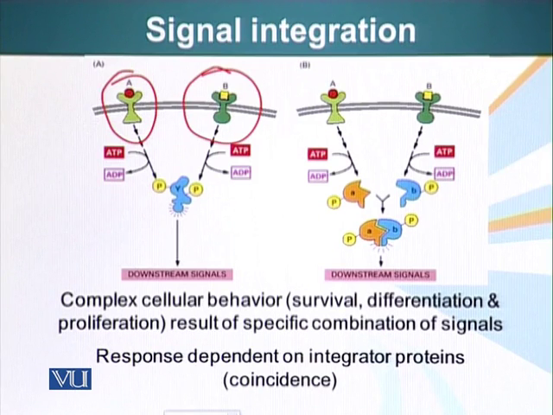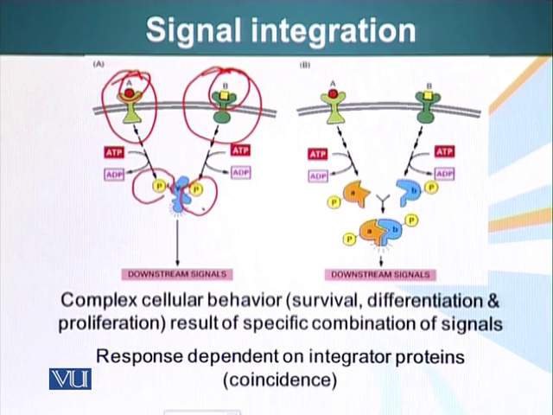Receptor A activates proteins that add a phosphate group at a particular site of a protein that tells cells to divide. The signal from another receptor B also phosphorylates the same protein Y, but at a different site. Unless this protein Y has two phosphate groups attached at specific locations, which are here and here, this protein will not be functional. If this protein is not fully functional, cells will not be able to divide or produce the response to these two cytokines or signaling molecules.